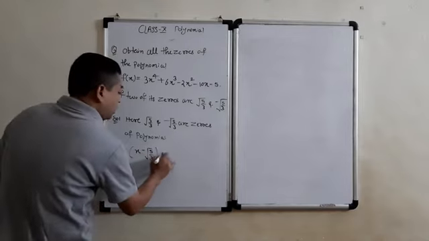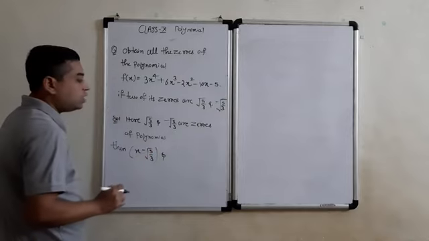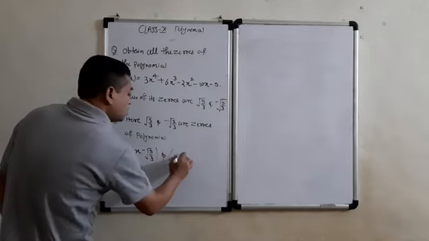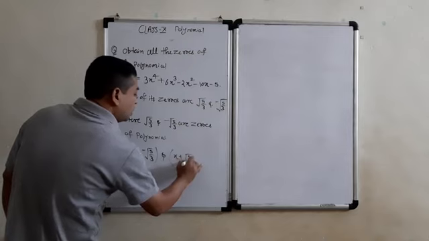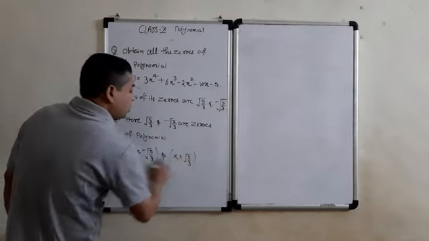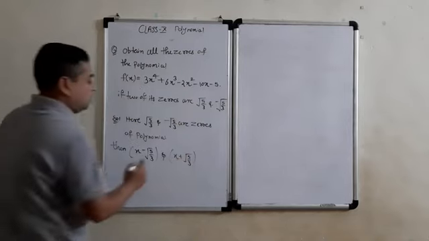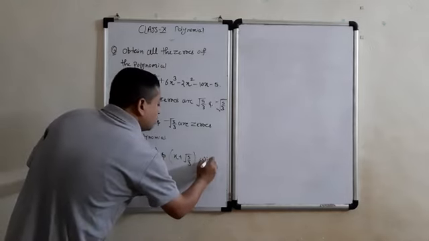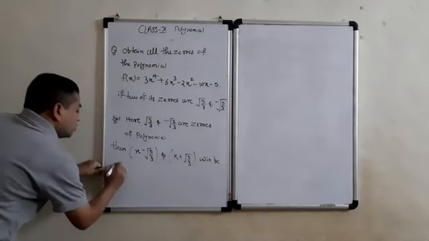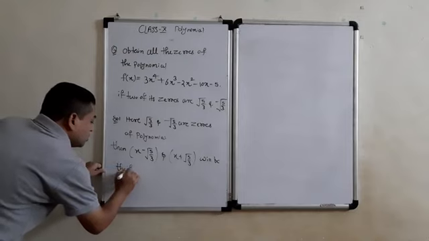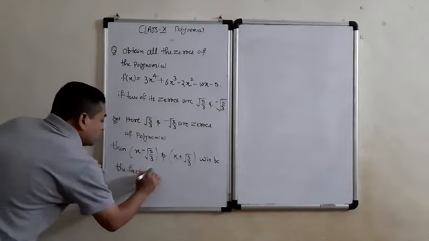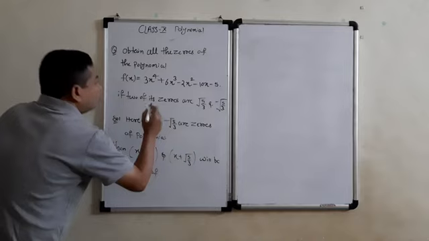Okay, and if minus root 5 by 3 is a zero, then x plus root 5 by 3 will be a factor of polynomial. Okay.